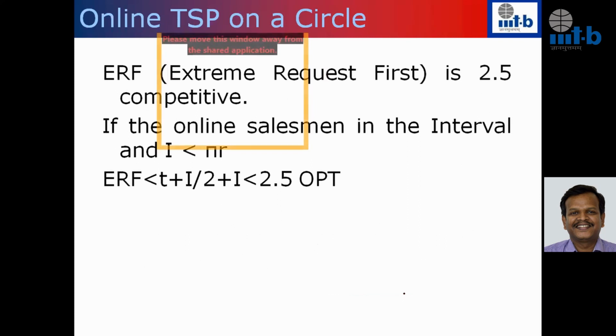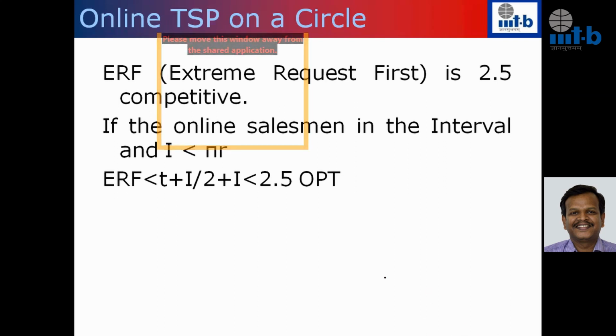So what we can show formally is that this gives a 2.5 competitive ratio. I will not go into the details of this proof. Those who are interested can refer to our paper, but I'll just give a small idea of how the proof actually works. I'll consider a special case.